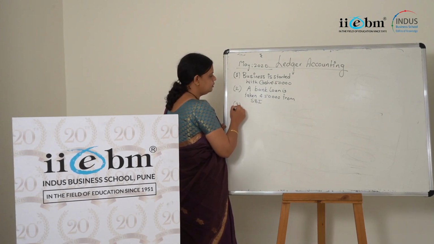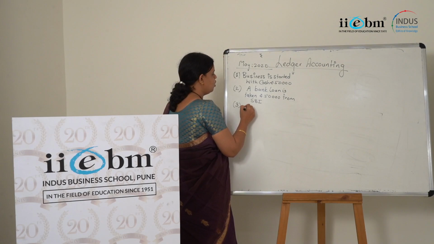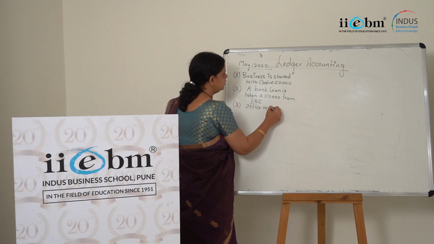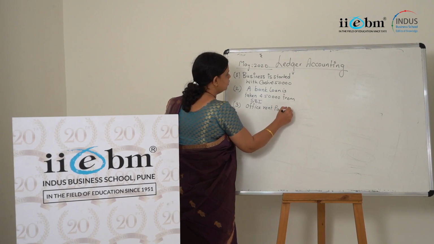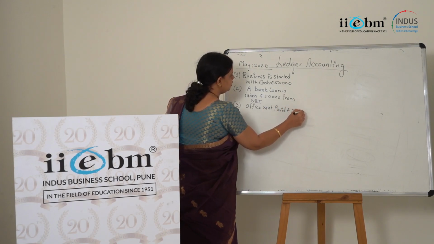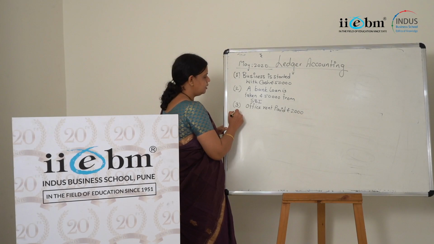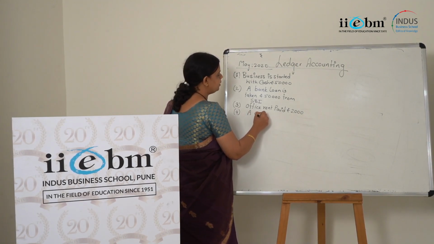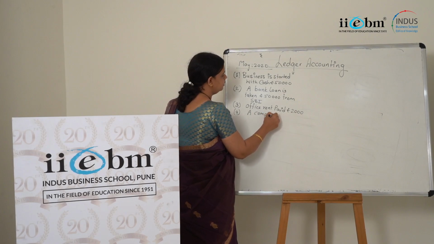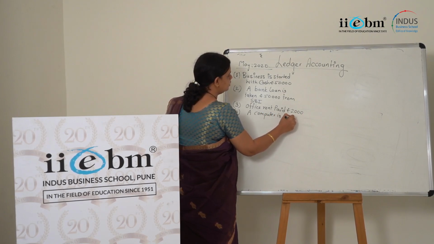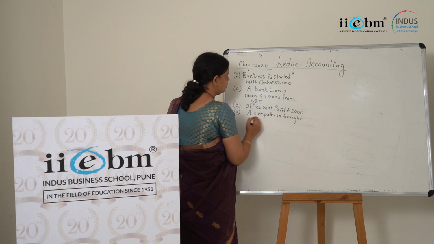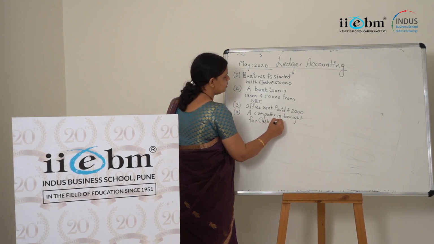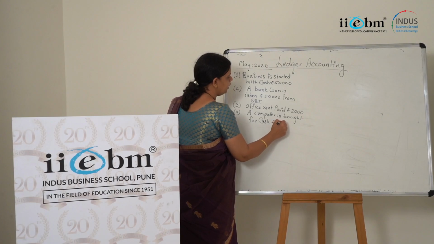Transaction number 3: office rent paid, rupees 2,000. Transaction number 4: a computer is bought for cash, rupees 20,000.